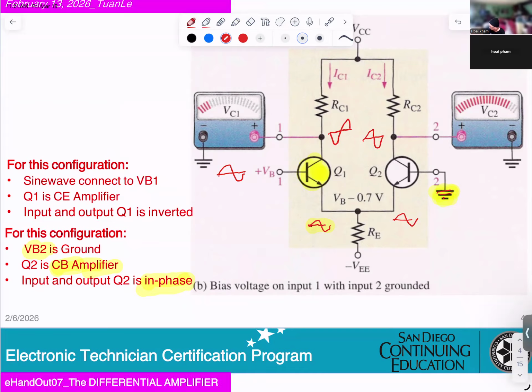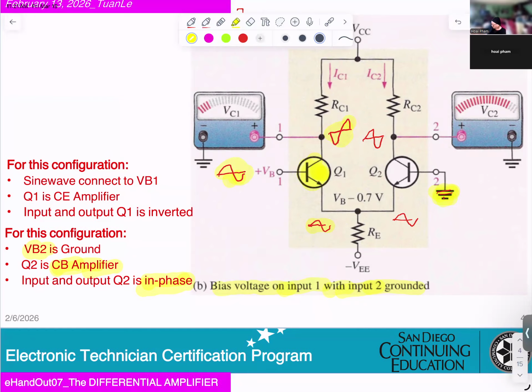Okay, so what they're telling you here is bias voltage on input one with input two grounded. Okay, so basically, in this case, Q1 will be common emitter. So that's why you get input and you get output.